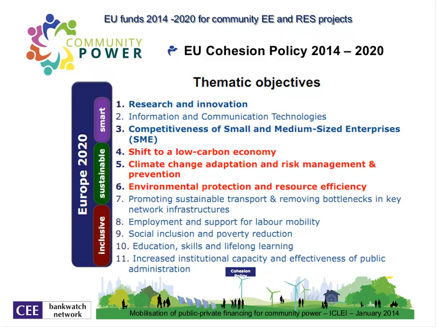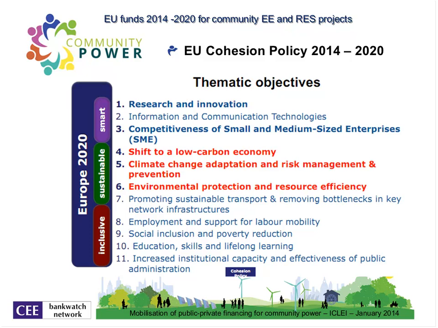So what I would like to do now, in the next 3-4 slides, is show you what possibilities and priorities the EU cohesion policy sets. EU funds for regional development can go into 11 areas.